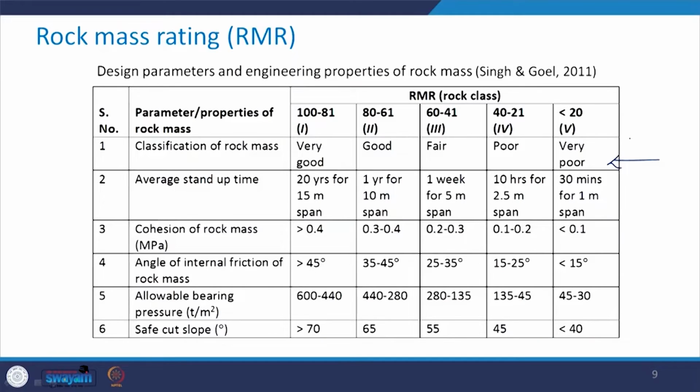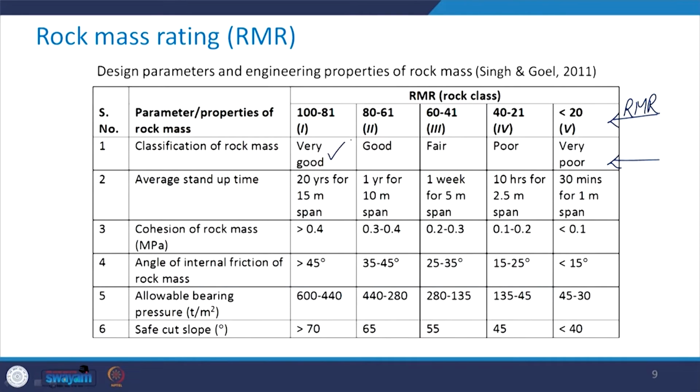Have a look at this column and this column. The first one gives you the value of RMR, and the second one gives you the corresponding classification of the rock mass. If the value of RMR works out to be between 81 to 100, this falls under the category of very good, so we can say that the rock mass is of very good quality.